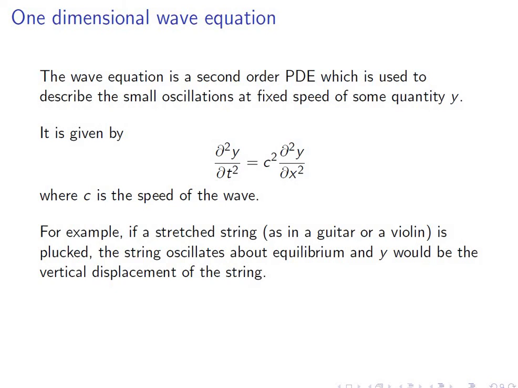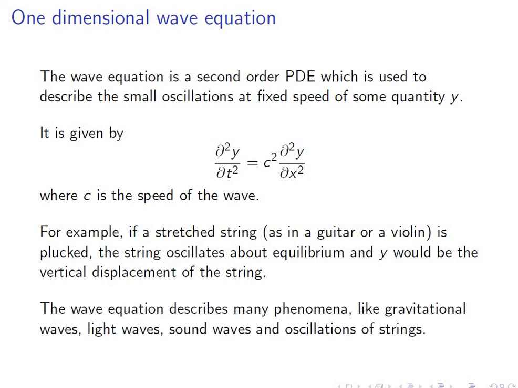For example, if a stretched string, as in a guitar or a violin, is plucked, the string will oscillate about equilibrium, and the vertical displacement of the string, y, would follow the wave equation. The wave equation describes many physical situations like gravitational waves, light waves, sound waves, and oscillations of strings.